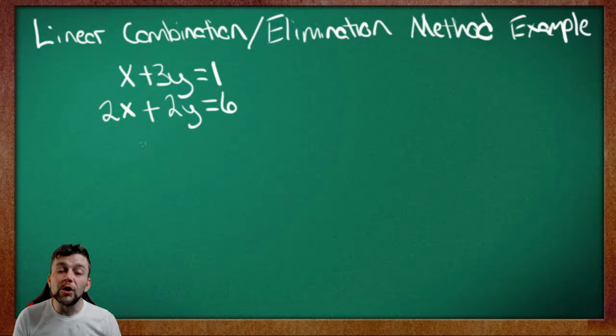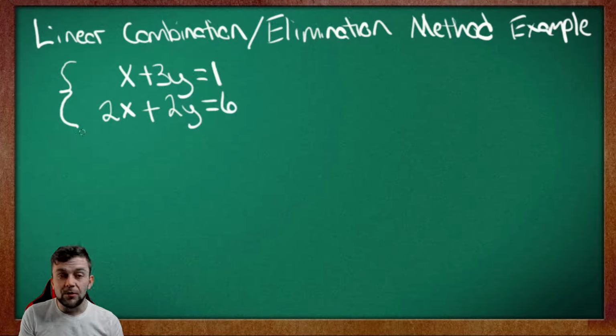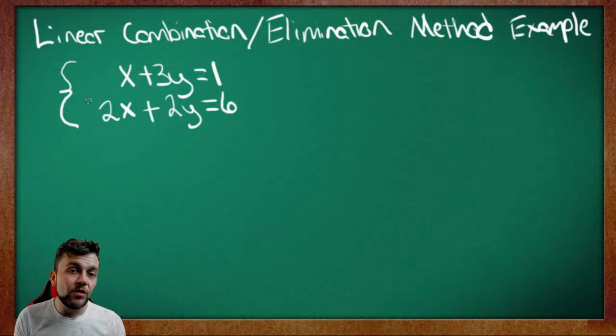We're going to work through our first example of linear combination and the elimination method. So we have our system. It's still the same business: a system of equations represents two lines on a graph that are intersecting, touching. What's the only time that two lines on a graph aren't touching?